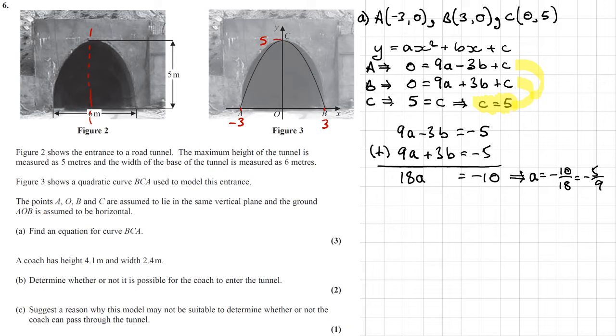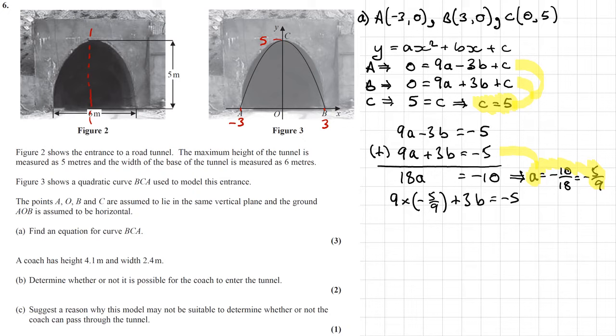So I have my value of a, and I can substitute that into either one of these two equations to find the value of b. Now I'm going to substitute it into the bottom one, because there are fewer negative signs. It doesn't really matter. If I do that, I'll get 9 times a, which is now -5 over 9, plus 3b is equal to -5.